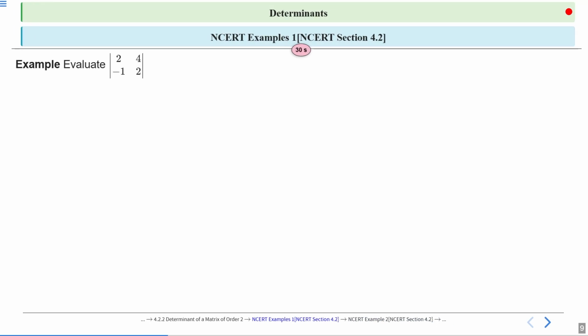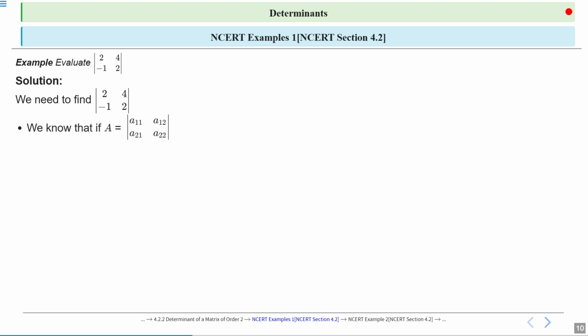For example, evaluate the determinant of 2, 4, minus 1, 2. The order of this matrix is 2 cross 2, and the elements are 2, 4, minus 1, 2. So 2 and 2 are the diagonal elements and 4 and minus 1 are the off diagonal elements.